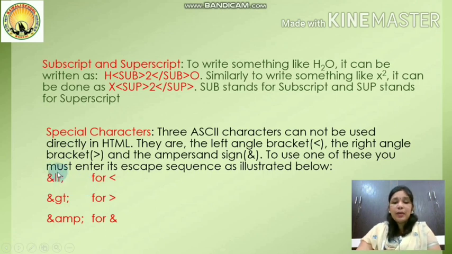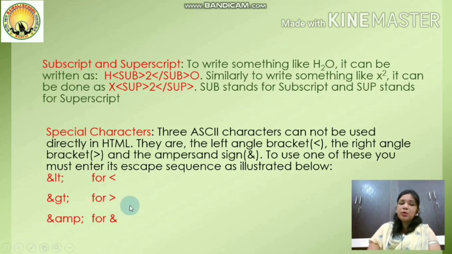Like for giving space, we had used ampersand NBSP. For the lesser than sign, you will use ampersand LT semicolon. In the same way, for the greater than sign, you will write ampersand GT semicolon. And for using the ampersand sign in your web page, you will write ampersand AMP semicolon, which is equivalent to the ampersand sign. So this was about special characters in your web page.